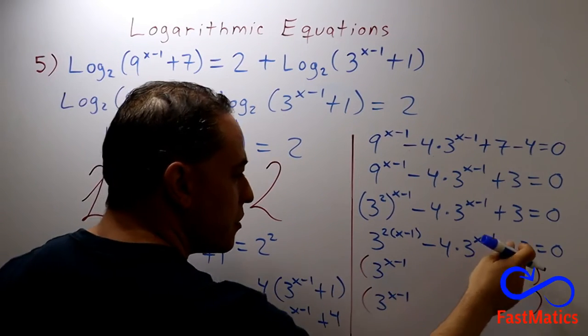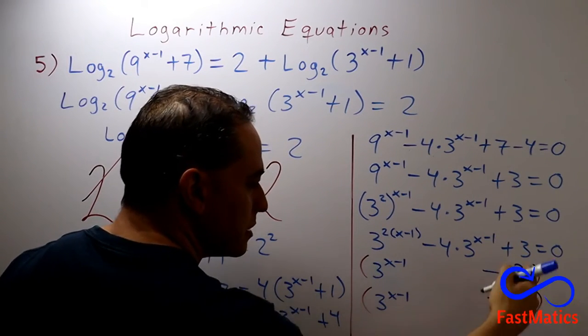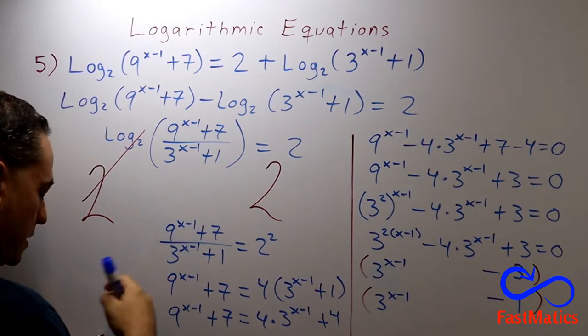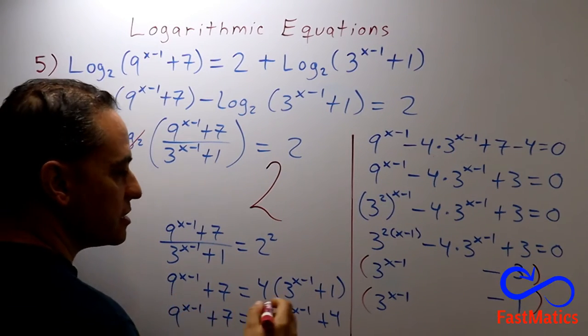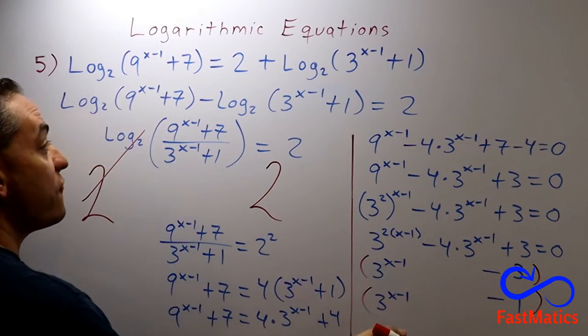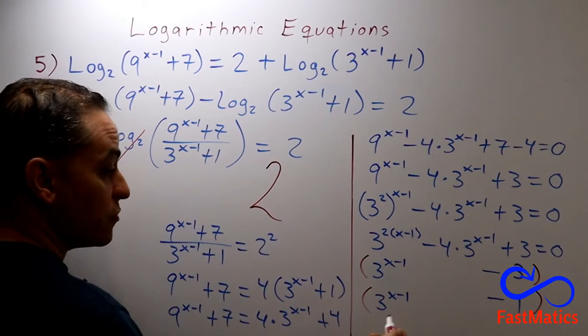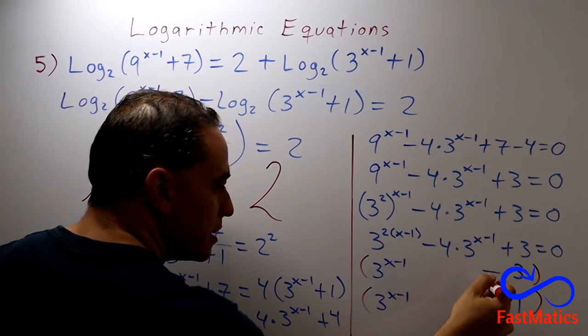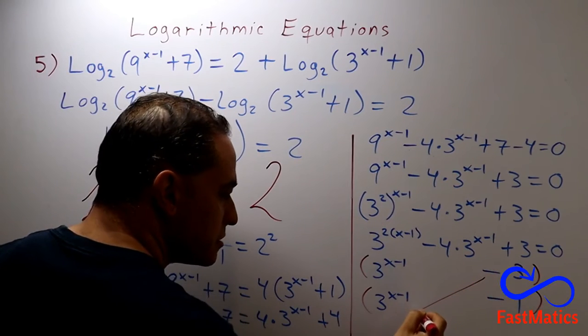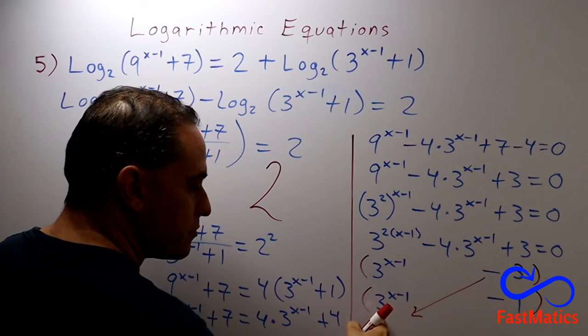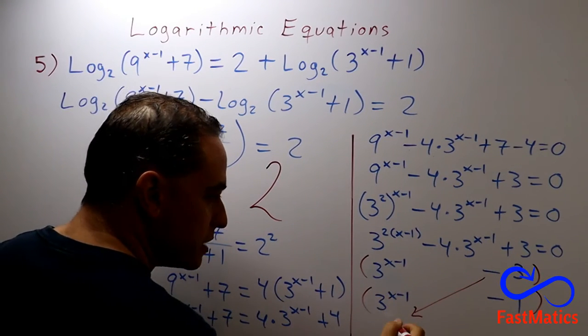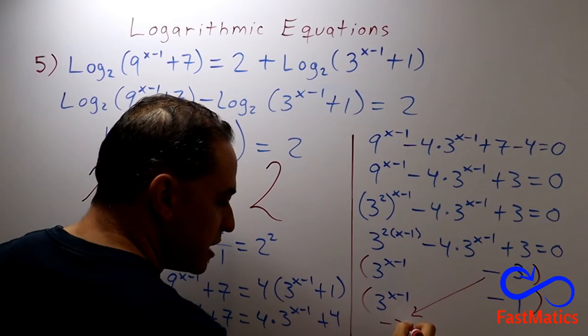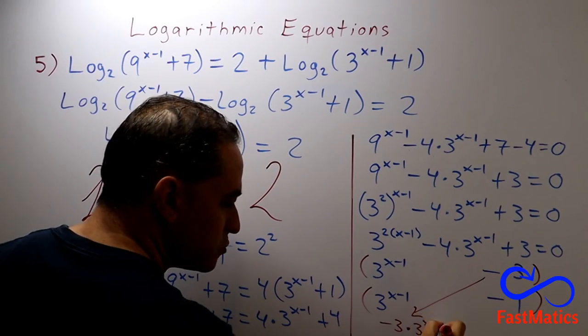And now 3 times 1 is 3. We are going to verify it. Remember our video of factorization of a trinomial. Then we multiply negative 3 times 3 raised to the power of x minus 1 is negative 3 times 3 to the power of x minus 1.